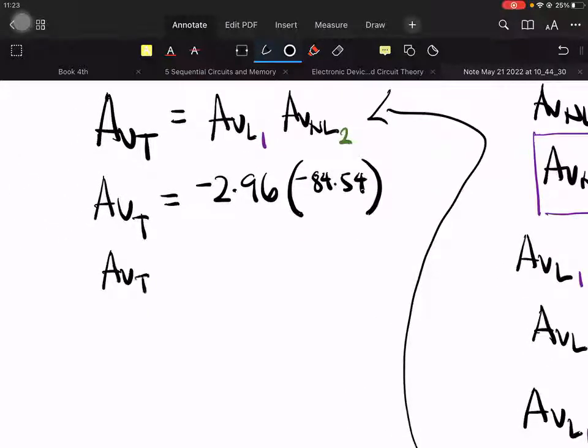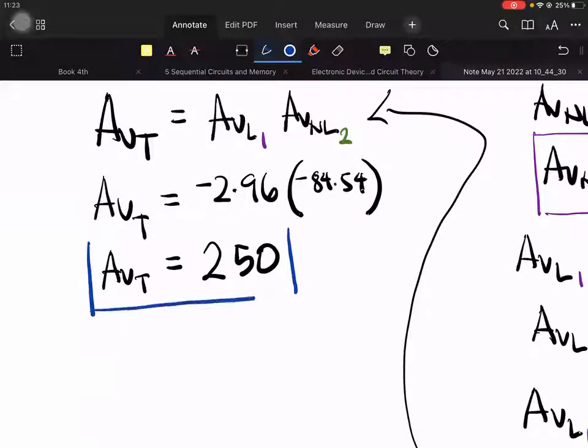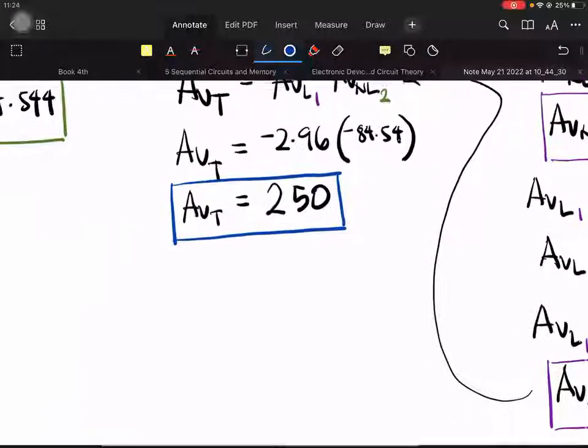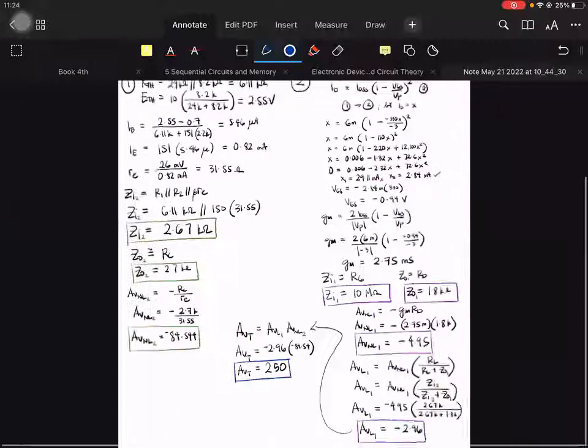Therefore, AVT is equal to about 250, not exactly but very, very close to that value. It is positive, because negative times negative. So this is our final answer, which we multiply by the given VI of 2 millivolts.